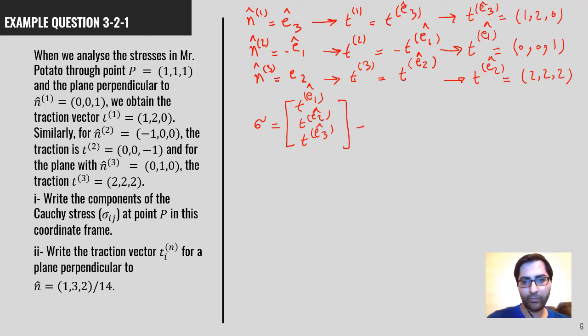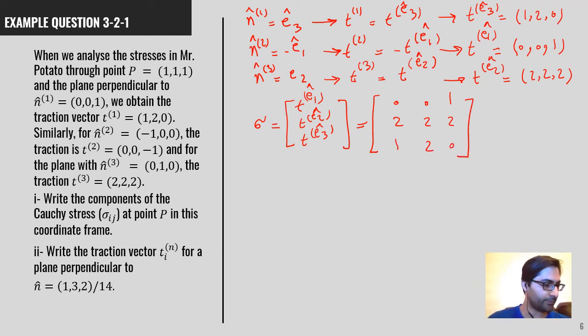So it simply becomes 0, 0, 1, 2, 2, 2, and 1, 2, 0. That's the solution to this first part of the question.